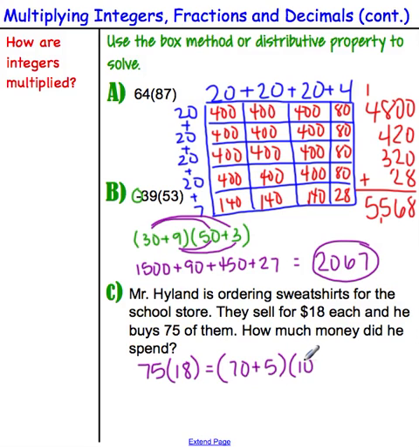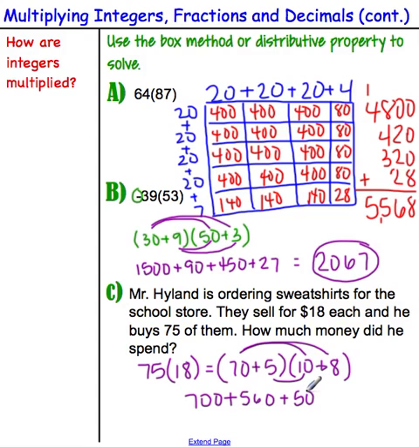times 10 plus 8. When I go ahead and distribute, 70 times 10, 7 times 1 is 7 plus 2 zeros, 700. 70 times 8, 7 times 8 is 56 plus a 0 is 560. 50 times 10, 5 times 1 is 5 plus a 0 is 50.